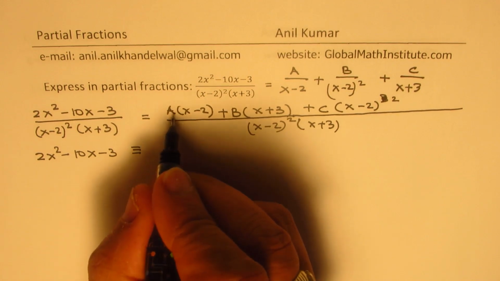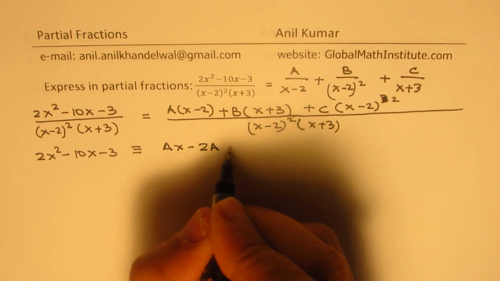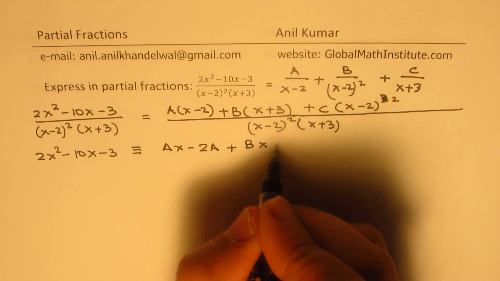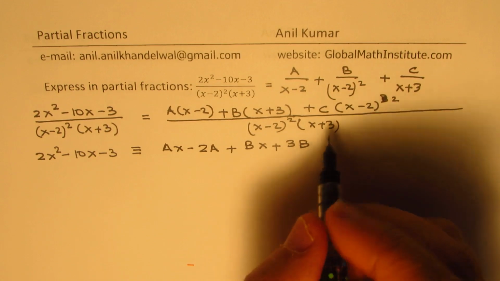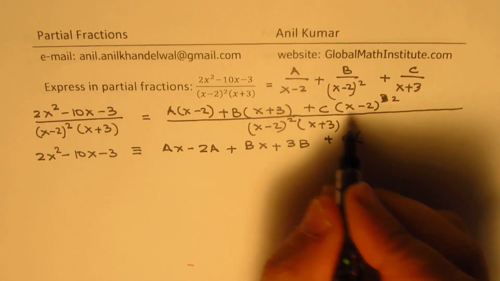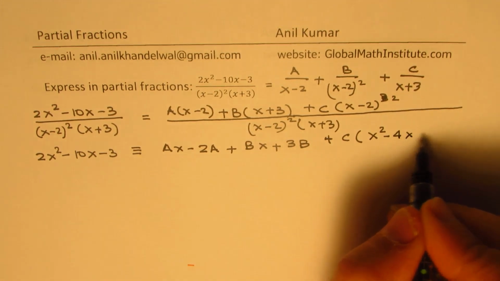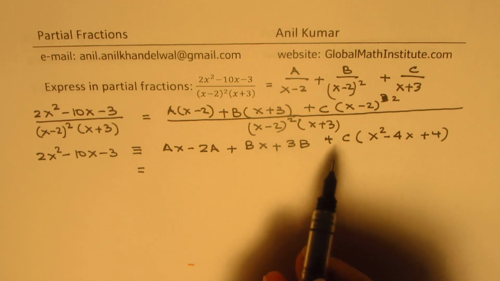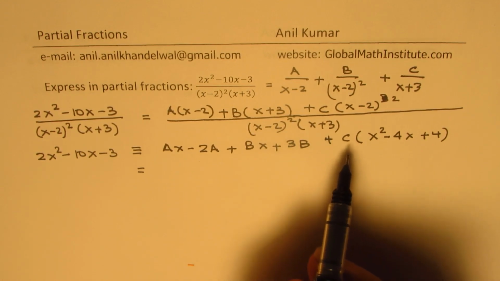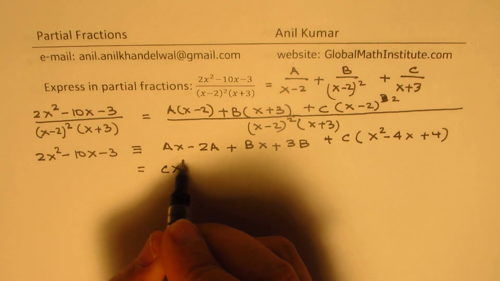So here we have, let's open the bracket, we have ax minus 2a plus bx plus 3b, and you need to expand this. Let me just first expand and then we'll multiply. So we get x squared minus 4x plus 4. While we multiply, we can actually rearrange also. So we have one term with x squared, that is cx squared.